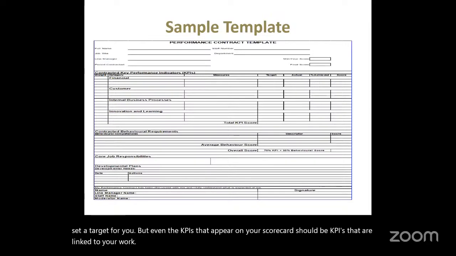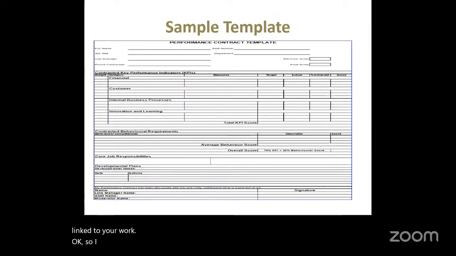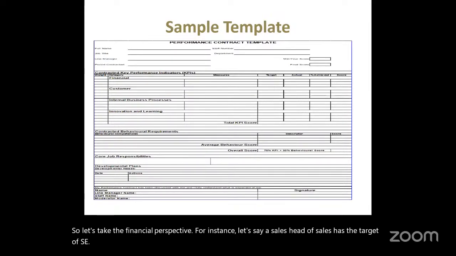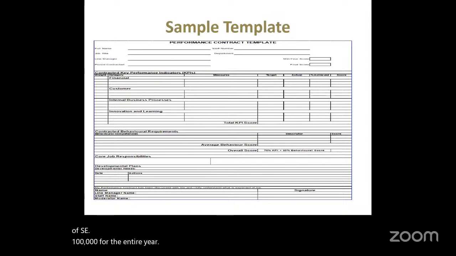Okay, so I understand perfectly. So let's take the financial perspective, for instance. Let's say the head of sales has the target of 100,000 for the entire year. It is possible for the head of sales to cascade that target down to his sales managers.